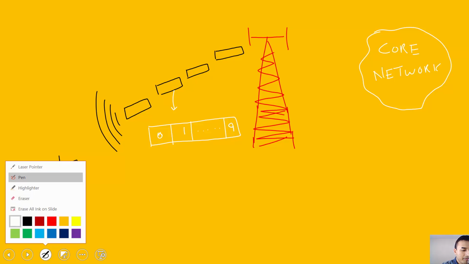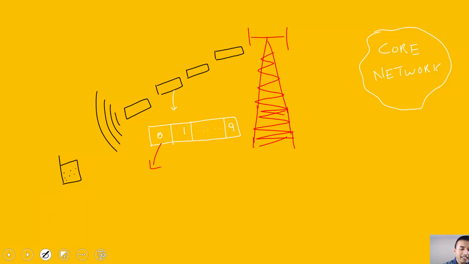Now if you look in each subframe, let's say the UE has to wake up in this subframe, then the UE will go into the control region. As you know, each subframe has a control region and a data region. So let's say this is the control region, and the next one is the data region.